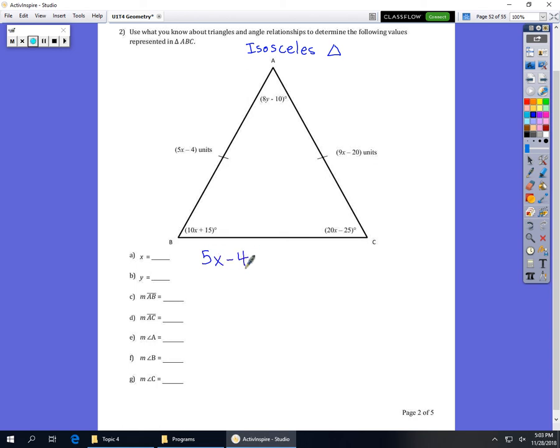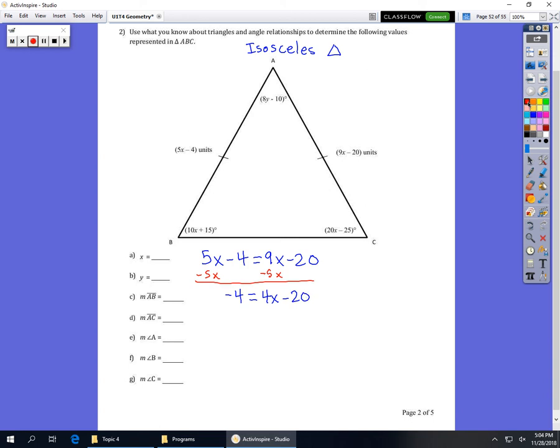5x minus 4 equals 9x minus 20. I don't need two x values, so let's subtract the 5x from both sides. So minus 5x minus 5x. And what happens? The 5x and 5x will cancel. The negative 4 will come down. Equals 9x minus 5x, that's 4x minus 20.